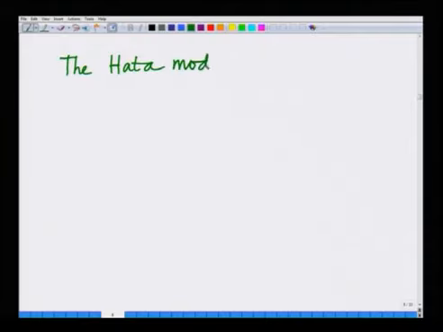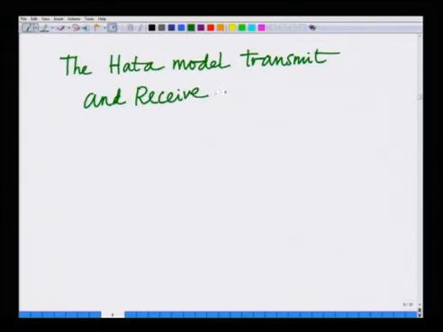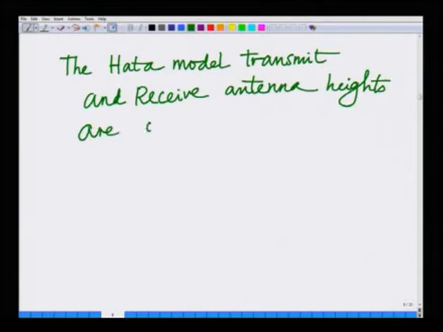The transmit and receive antenna heights in the Hata model are constrained as follows.